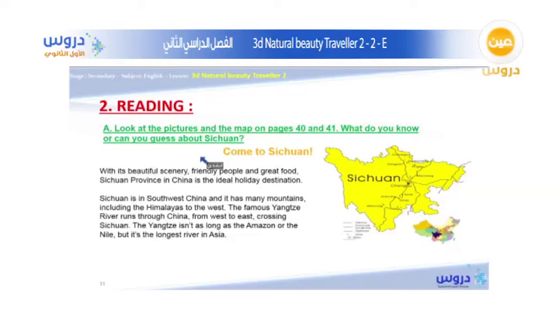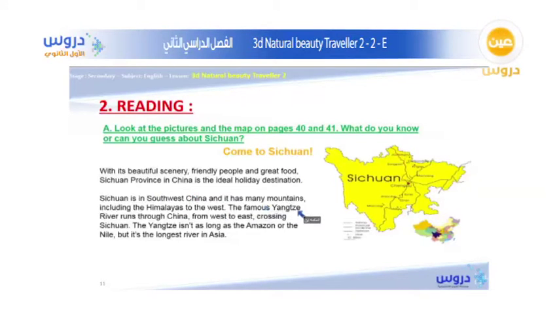Come to Sichuan. With its beautiful scenery, friendly people and great food, Sichuan province in China is the ideal holiday destination. Sichuan is in southeast China and it has many mountains, including the Himalayas to the west.